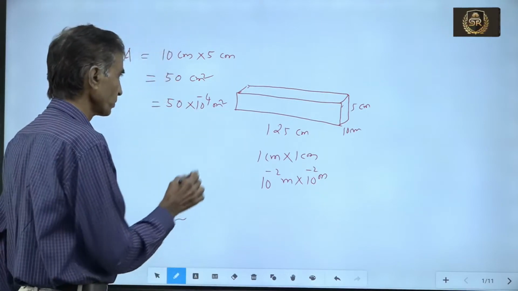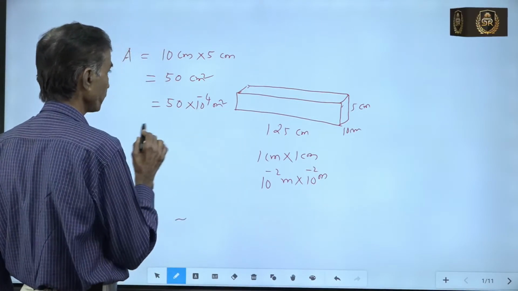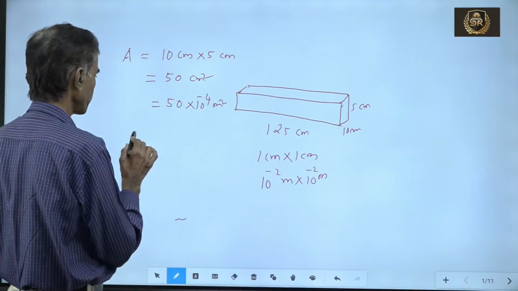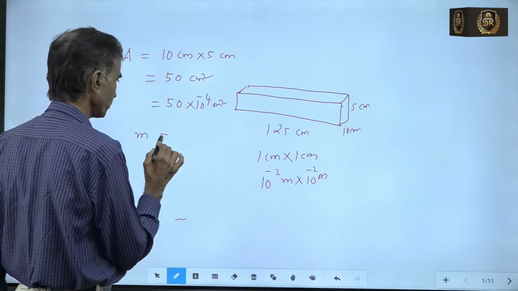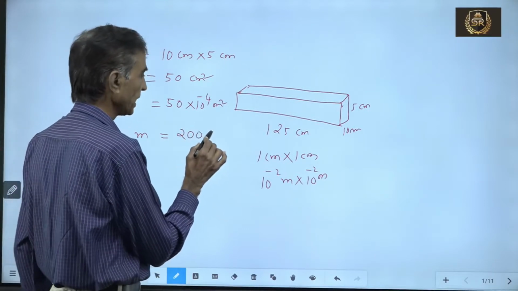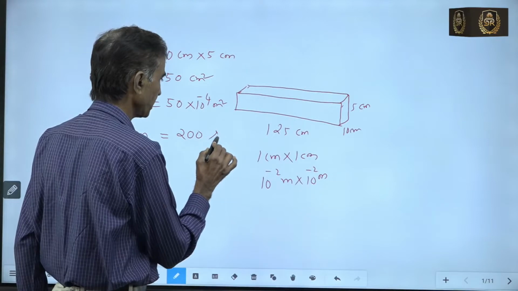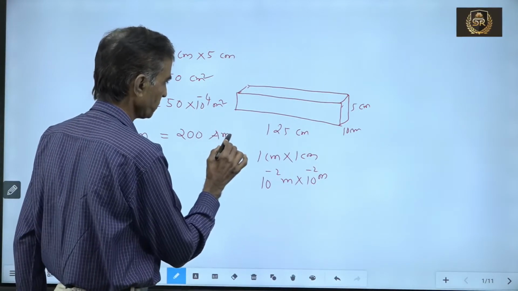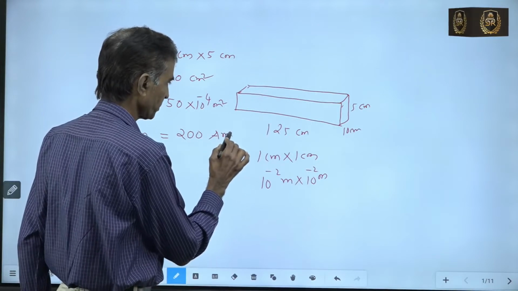Okay, now what more is given here? One more thing is given: pole strength, small m, equal to 200 milliampere meters. Milliampere meter, that is very important.